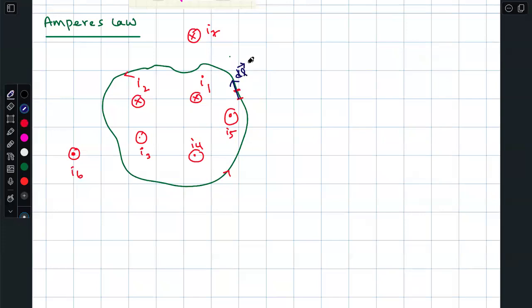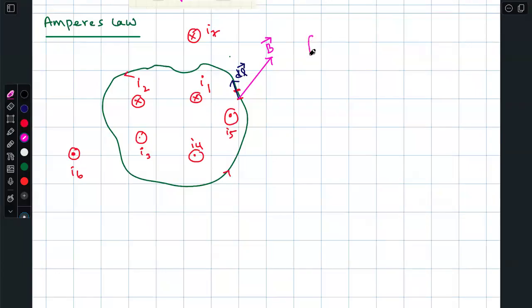Any doubt till this point, students? See, at this point, the magnetic field due to all the distributions is B bar. Remember, all the conductors contribute to B bar: I1, I2, I3, I4, I5, I6, I7, all the conductors.